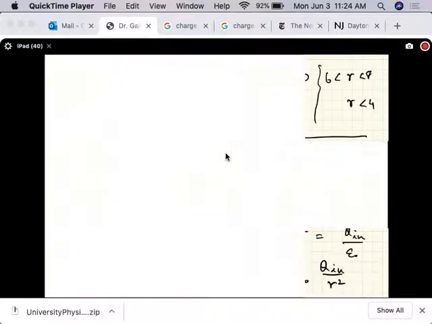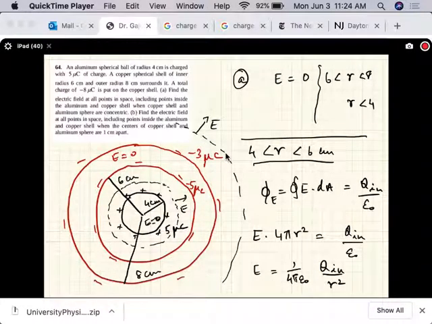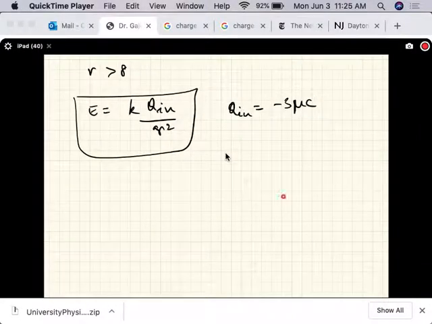All right, so let's go back to the diagram and summarize it again. So actually, let me do it over here. I will draw a neat diagram here again.